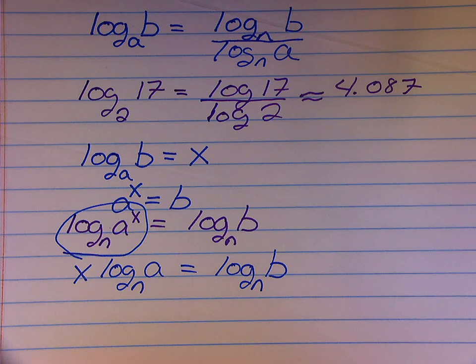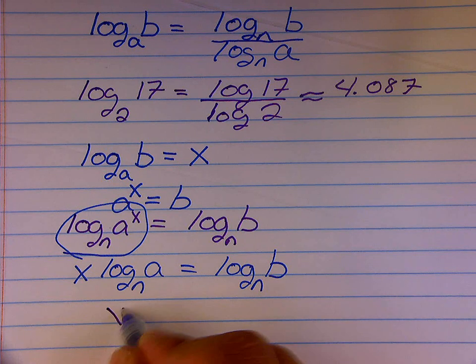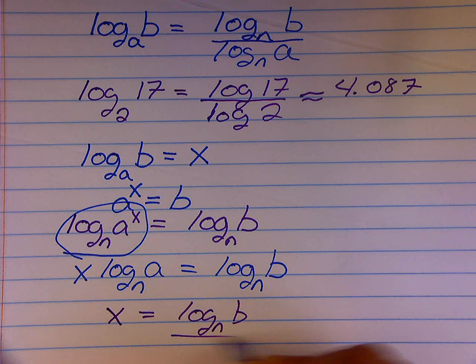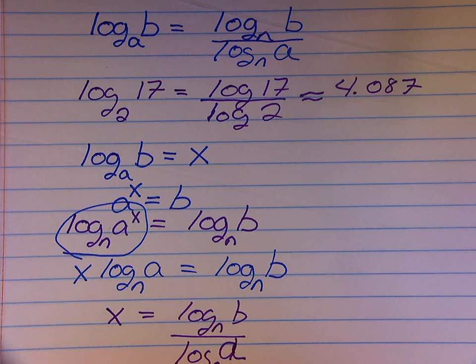Now, instead of the x being an exponent, the x is a product. It's multiplication. I can break the bonds of multiplication with division, which means I can get the x all by itself simply by dividing both sides of my equation by log base n of a.